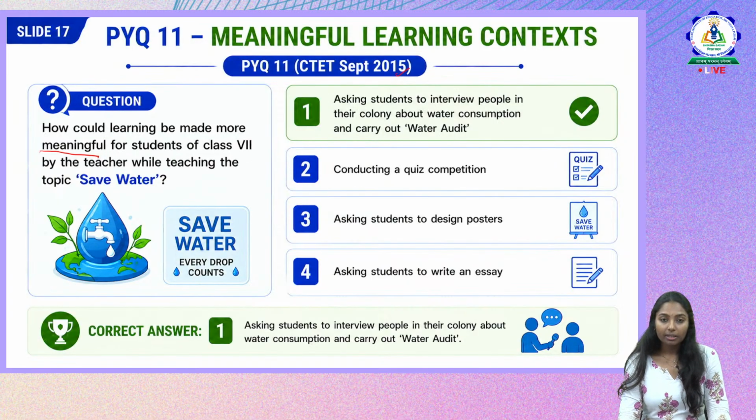The 4 options are: asking students to interview people in their colony about water consumption and carry out a water audit, conducting a quiz competition, asking students to design posters, asking them to write an essay. All these things will help them understand why water is important. But by conducting a water audit, the first one, they will understand the current situation. It will lead to deeper learning also. So the first option is the correct option.